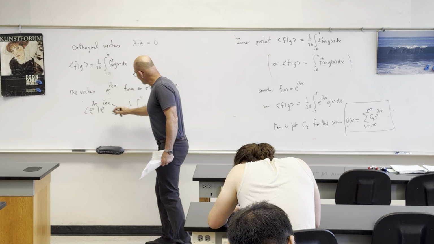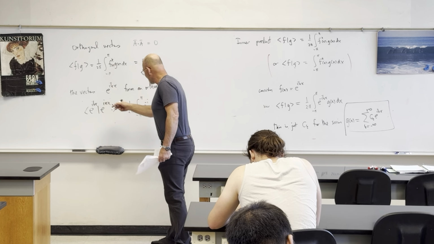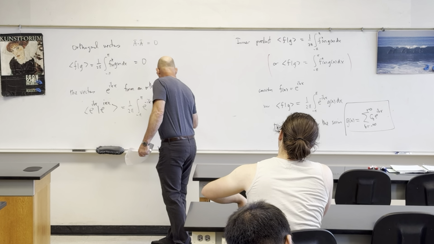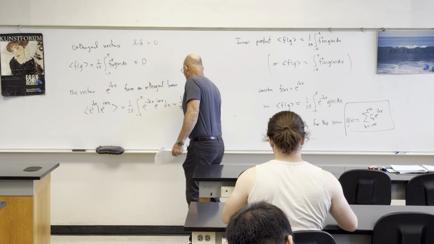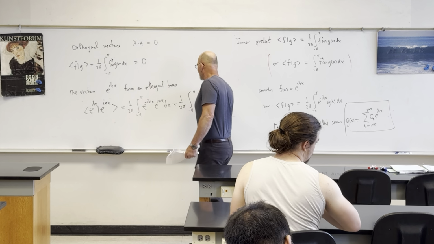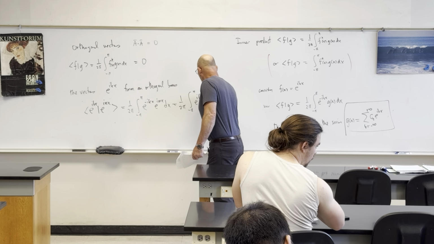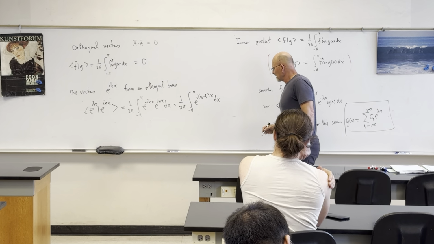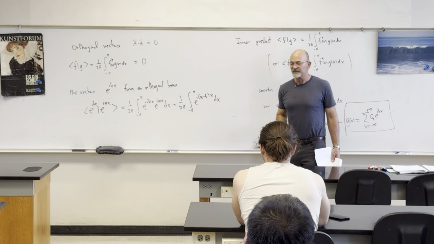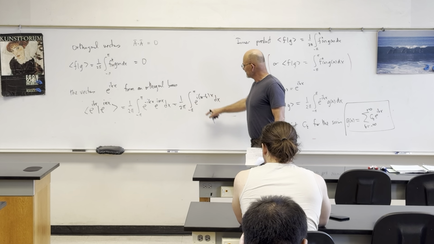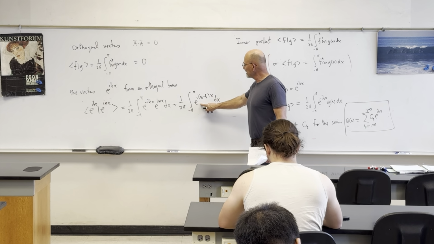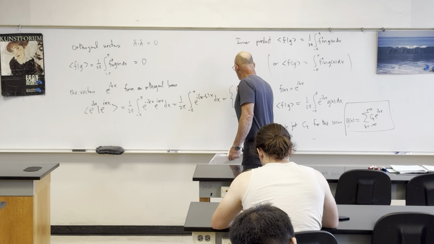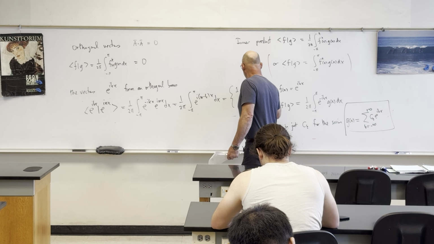Remember the first one gets the minus sign, minus i, it's complex conjugation. e to the i nx dx. 1 over 2 pi, minus pi to pi, e to the i n minus k x dx. Everybody remembers that, right? So when n is equal to k, we're going to get e to the 0, or 1, times the integral from minus pi to pi, so it's going to equal 1 when n equals k.